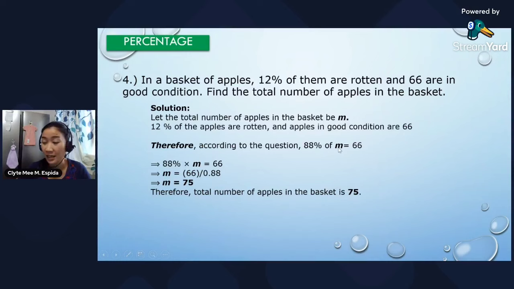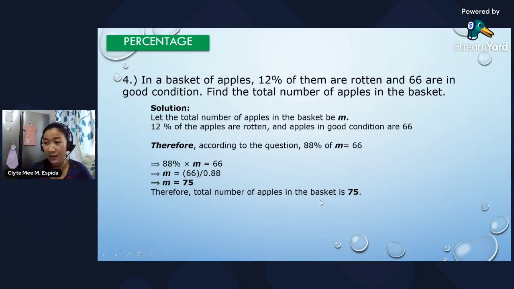And that is 66. So, we are going to multiply 88% of M is equal to 66. Writing this in decimal, that is 0.88. So, you divide both sides by 0.88. So, you have 66 divided by 0.88. So, M is equal to 75.